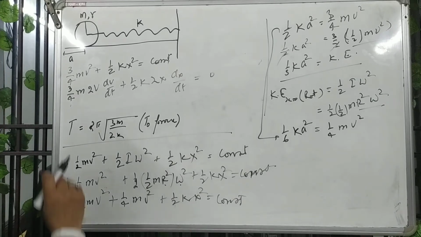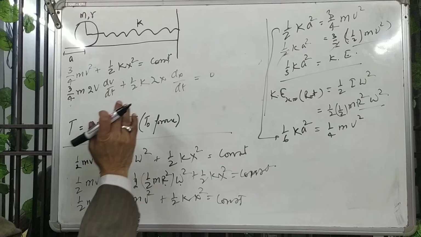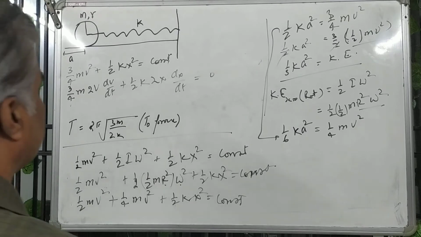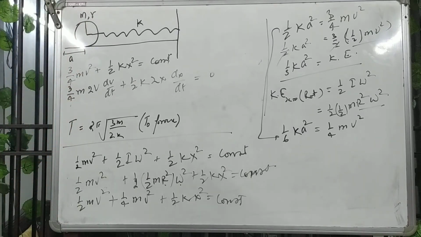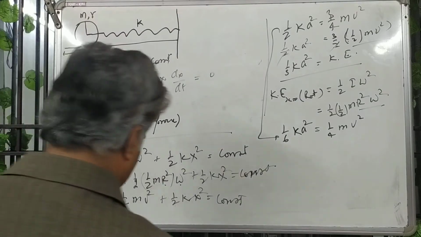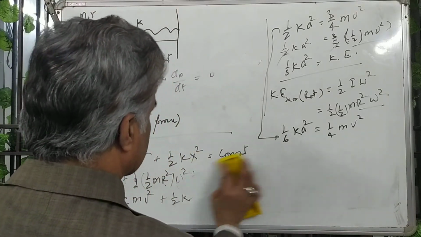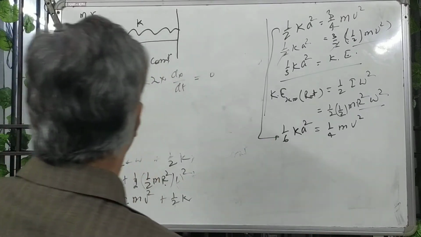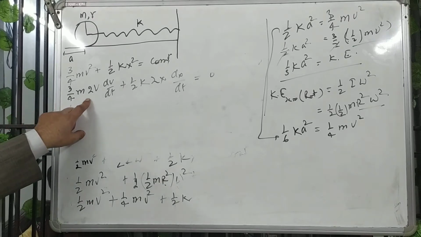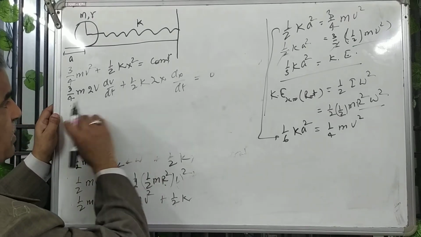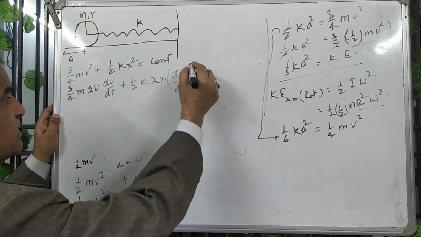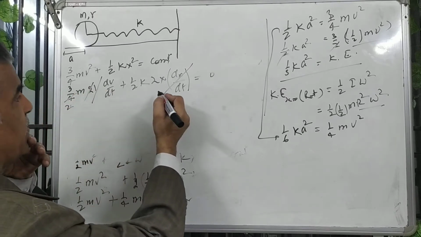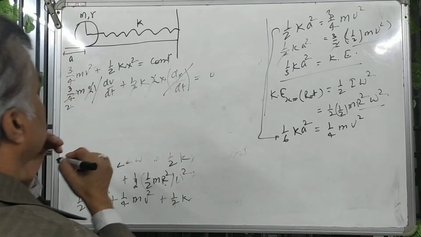So now we will find 3 by 4 in this equation, half kx square, k is a spring constant. So 3 by 4 m. So in this equation, dx upon dt is the velocity, and this velocity cancels, the 2 and this 2 are cancelled.